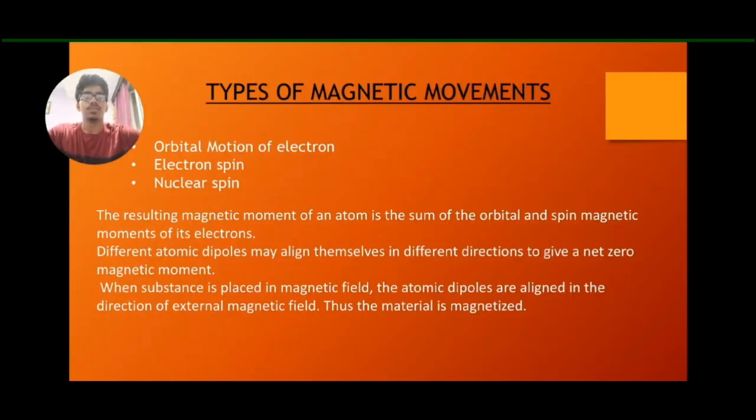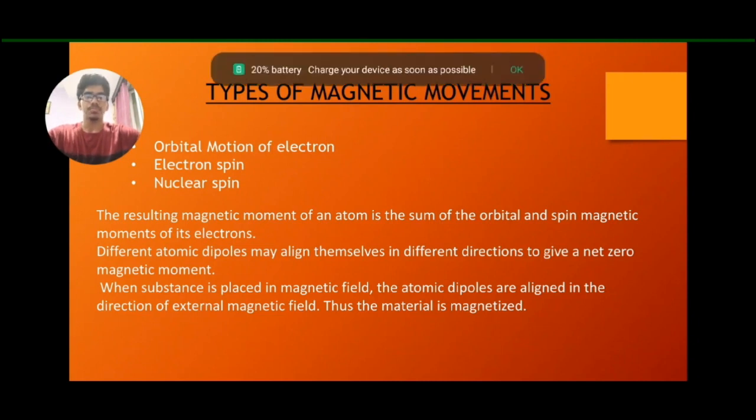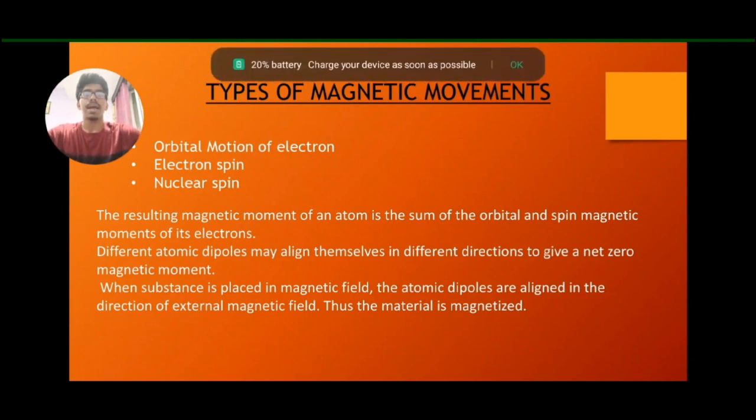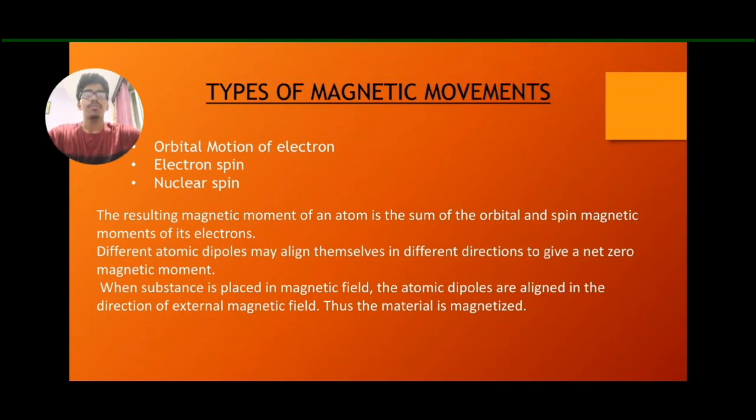I'm Giles Borges. My topic is types of magnetic moments. There are three types: orbital motion of electron, electron spin, and nuclear spin. The resulting magnetic moment of an atom is the sum of the orbital and spin magnetic moments of its electrons.